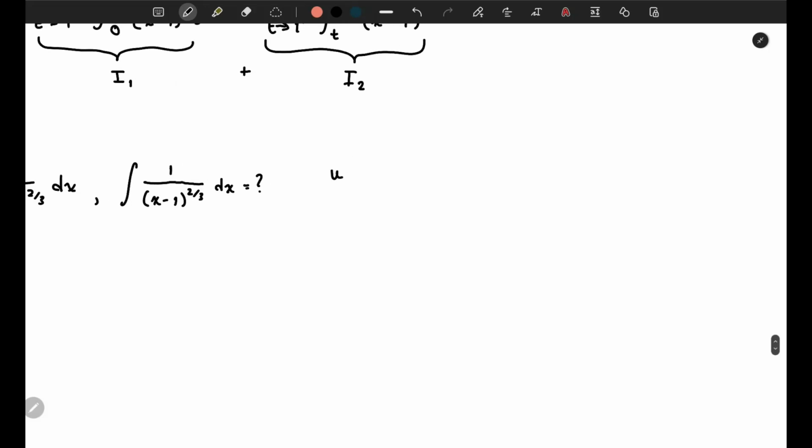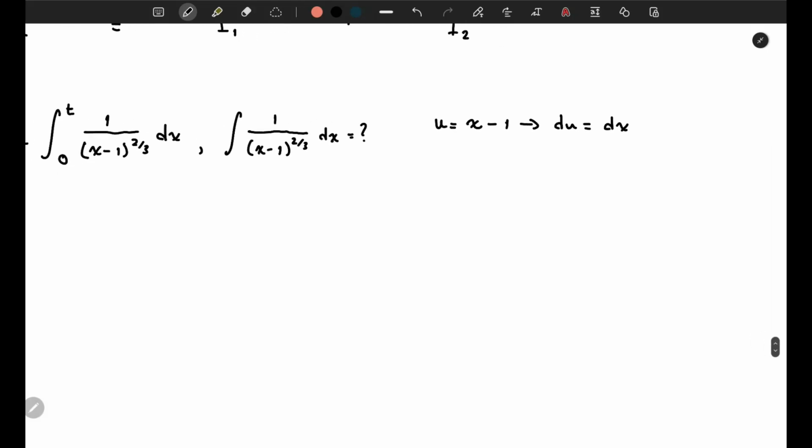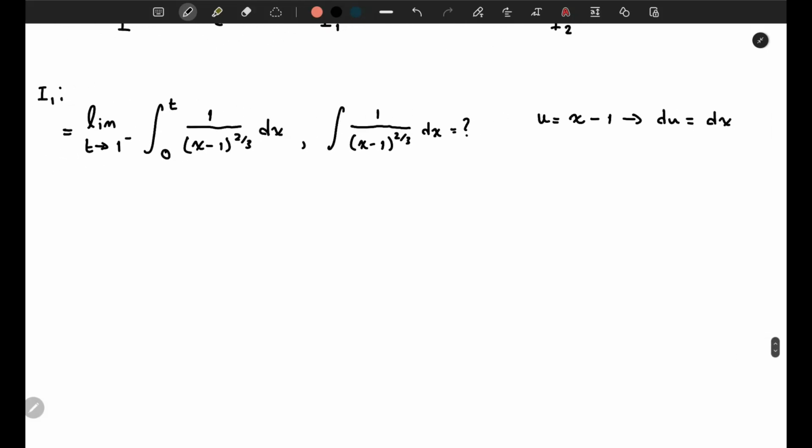We can use a basic u substitution. We'll let u equal x minus 1. If we differentiate that, that will give us du dx. So if we rewrite this integral now, it's going to be 1 over u to the power of 2 over 3, and it would be just du.